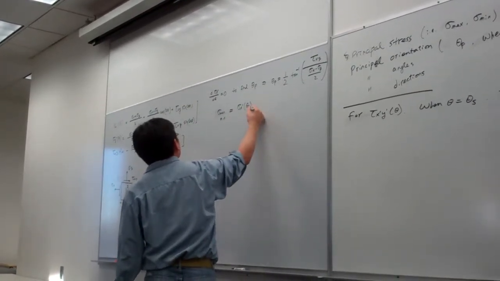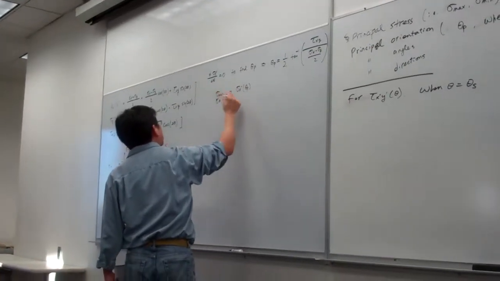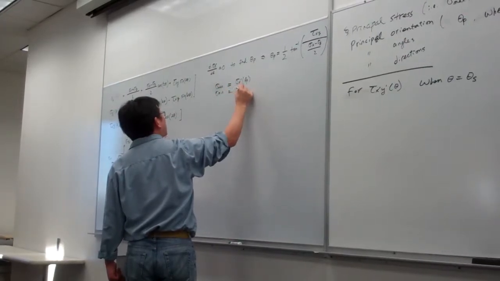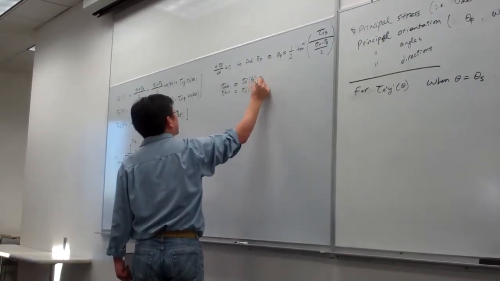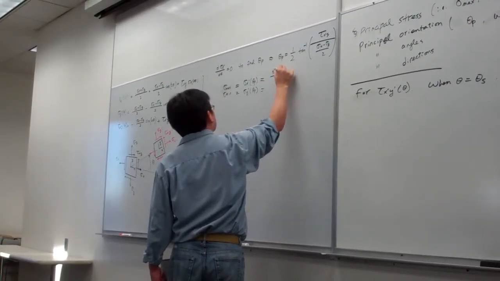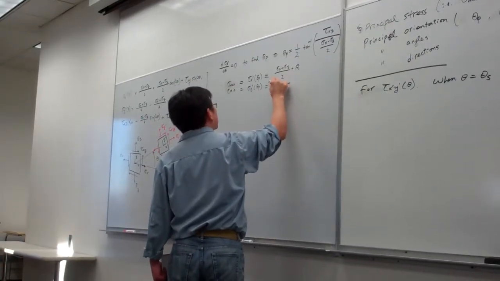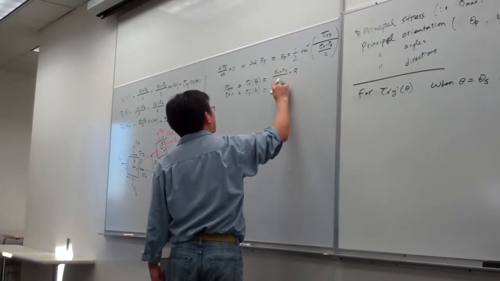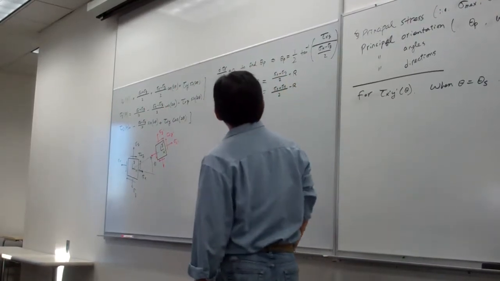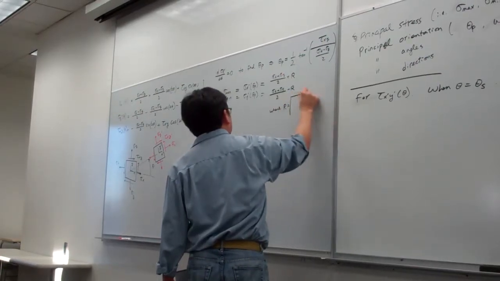And this one will be equal to, for example, sigma y prime theta p. Okay, so this one will be equal to this plus r. This one is sigma. And here, r is equal to this value.